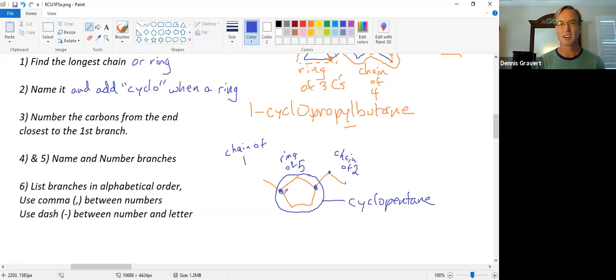Okay, we have a choice here. If we start on this carbon, we can immediately find a branch. So maybe this is carbon 1. Or over here on the right, we start numbering the ring here, that's carbon 1, immediately at a branch.